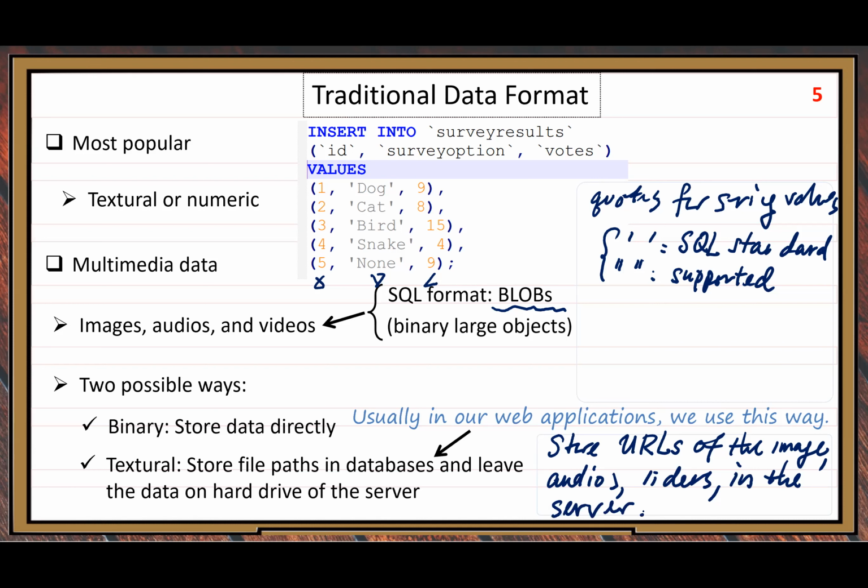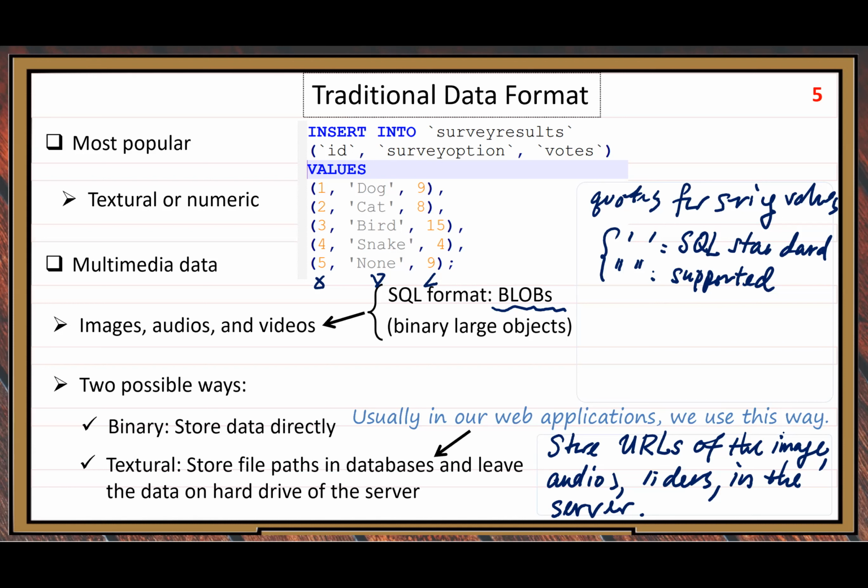These multimedia files are stored on the hard drives of the servers. We know usually the multimedia file is very large, right? Hard drives of the servers. So then you use URLs.